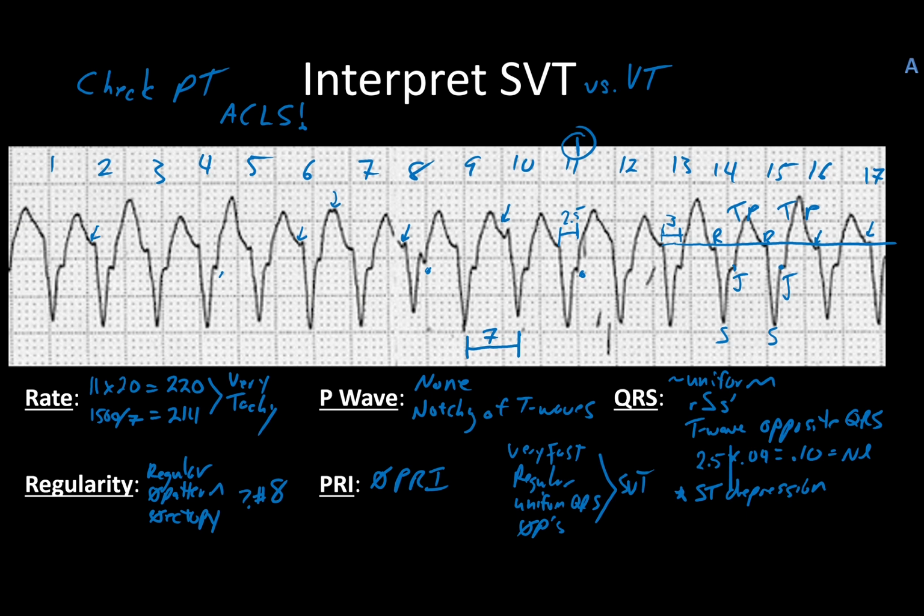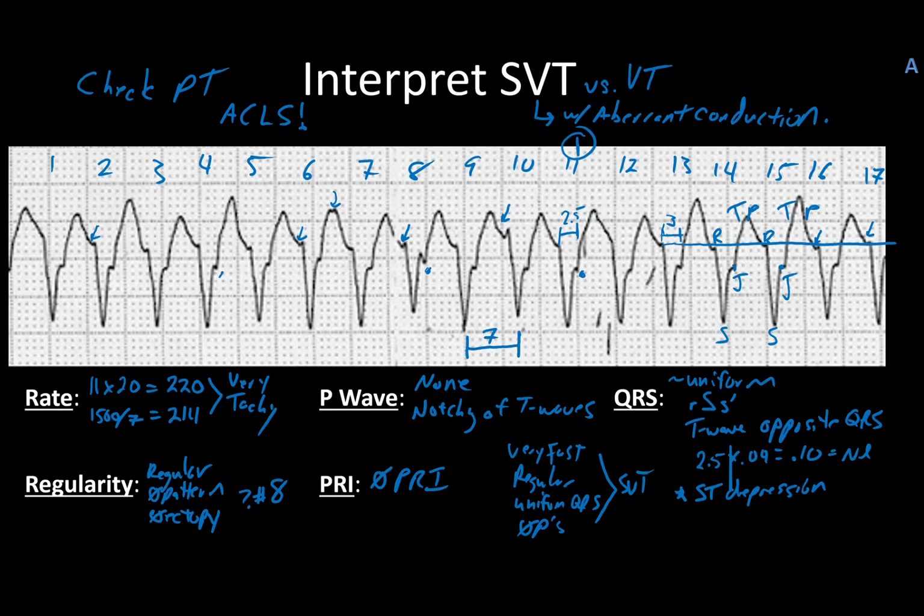How do you explain the RS configuration, or the fact that it's a little bit on the wider side? Well, you can, and I think it would be perfectly appropriate to add in SVT with aberrant conduction, simply because it is wide, and when SVT does encounter aberrant conduction, it creates this pattern that is so similar to VTach.